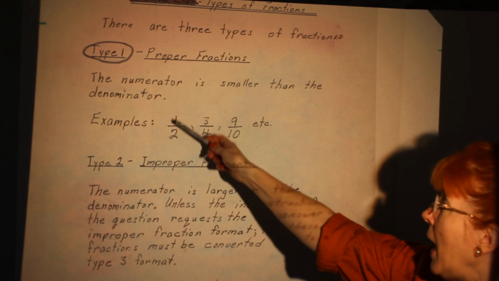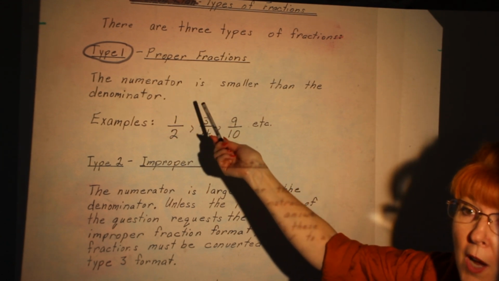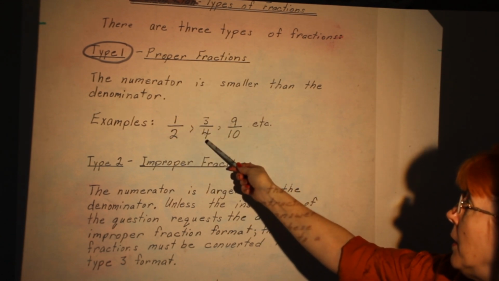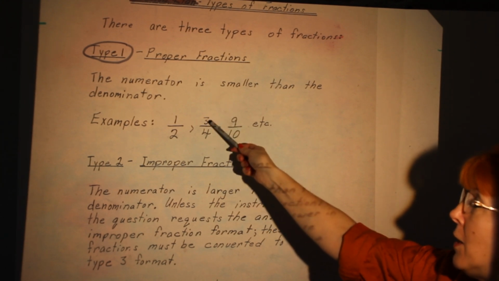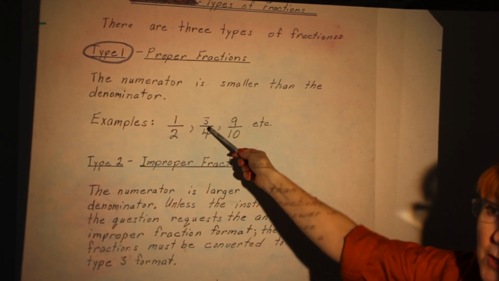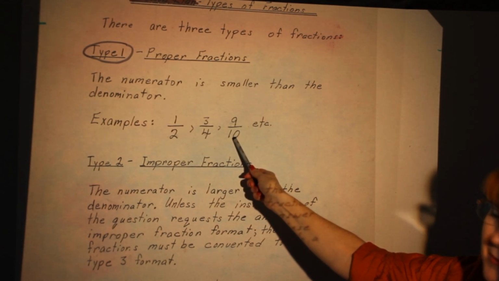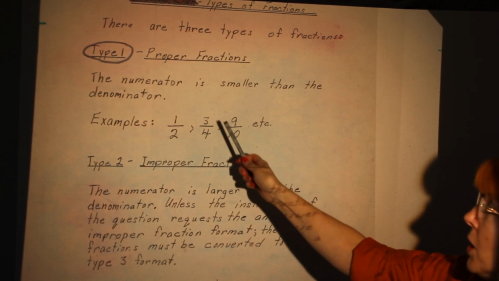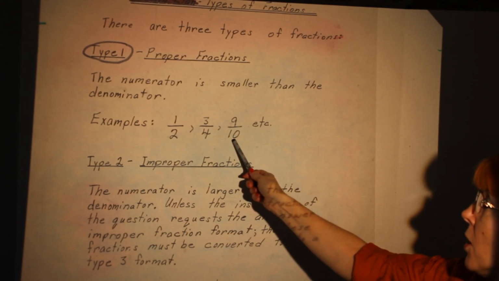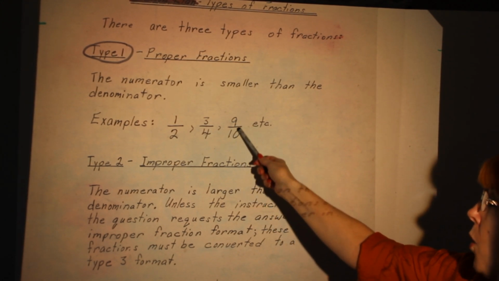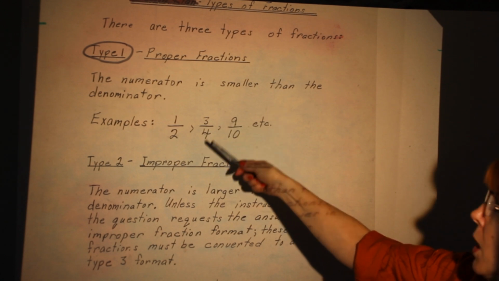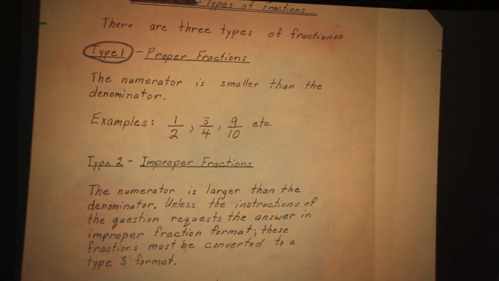If you have $1 and you have 1/2 of a dollar, you've got 50 cents. If you have a dollar and you have 3/4 of a dollar, you have 75 cents. If you have a dollar in 10 parts, you have 90 cents out of that dollar, or you've spent 90 cents, so you've got 1/10 left over.